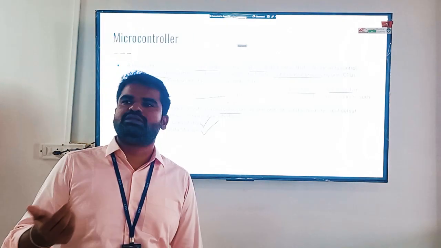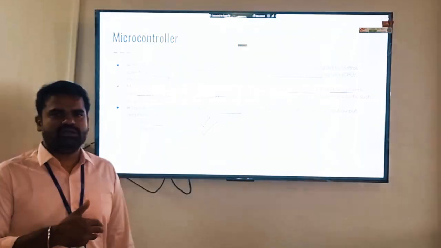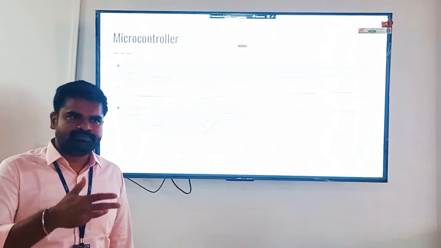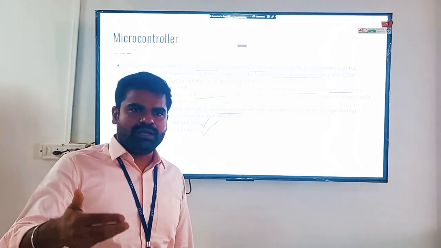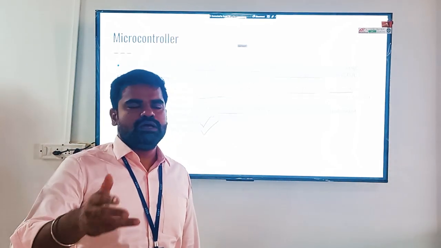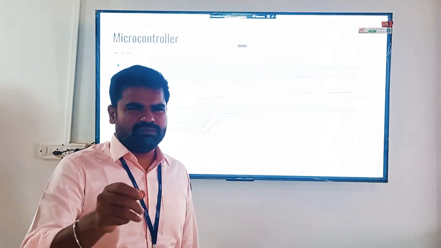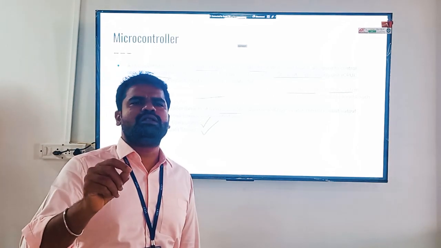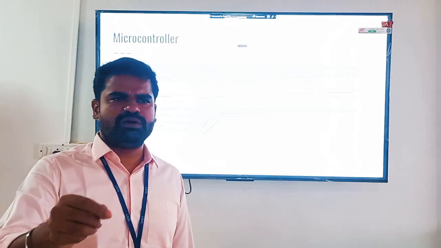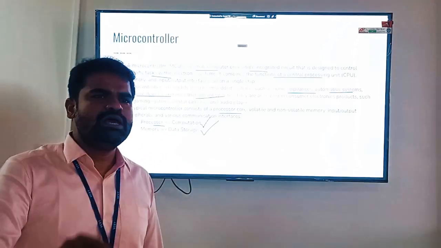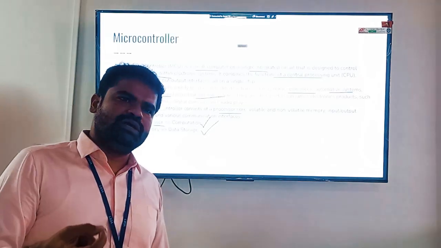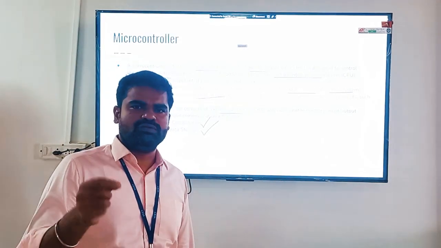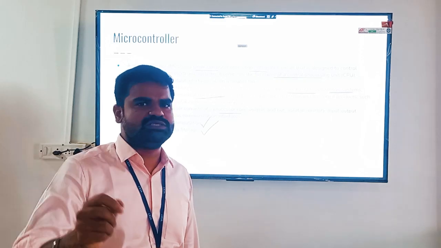Remote cars have a microcontroller, and also automatic microwave ovens, AC, automatic climate control, AC in your car. These all contain a microcontroller, which is a small memory device. It performs a task fast with a smaller memory. But a microprocessor handles bigger tasks, with a larger memory and a larger processing speed also.